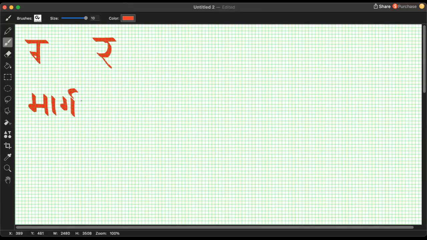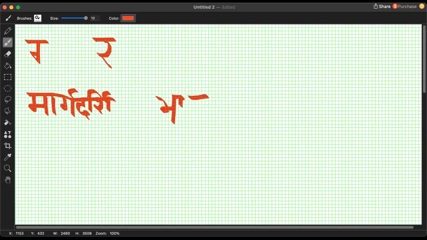Marga, Margadarshi, right? Say you want to write this word. I'll first write ma. And if you see the ergo, what happens to the ergo? I'll first write a Shiroreka.